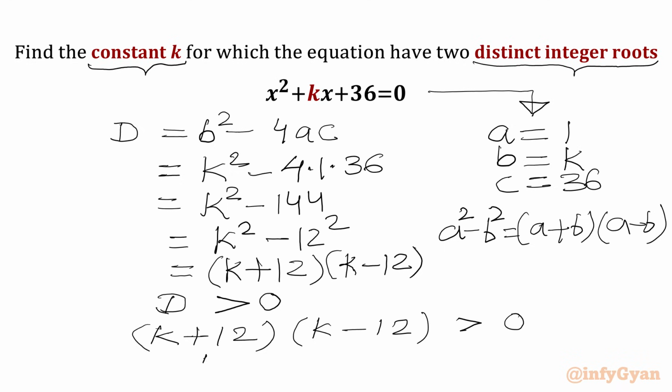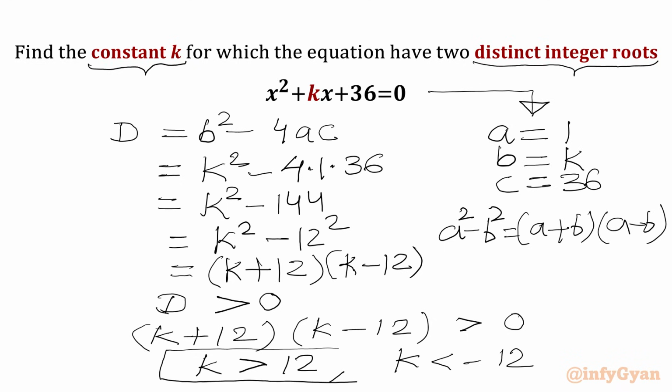So our condition on k would be k greater than 12 or k less than minus 12. Our k values must be greater than 12 or less than minus 12.